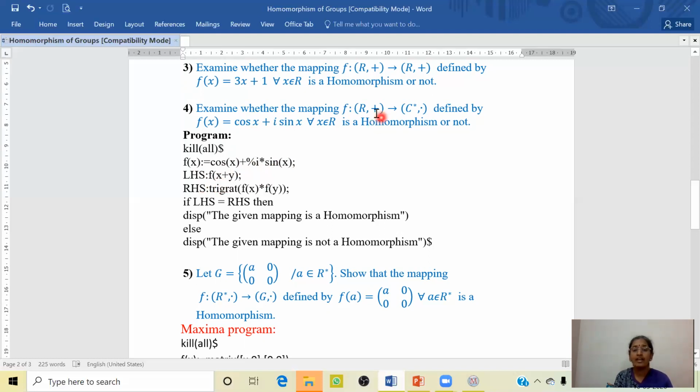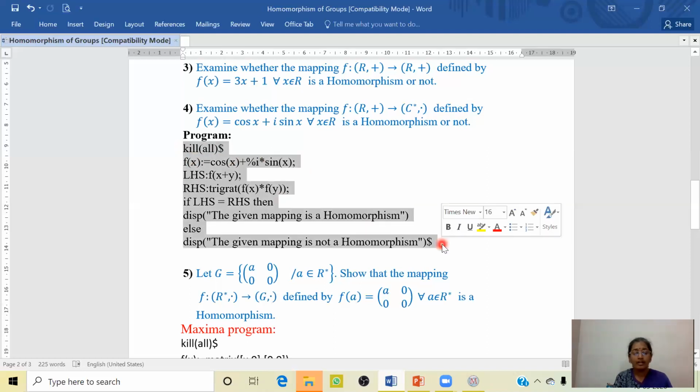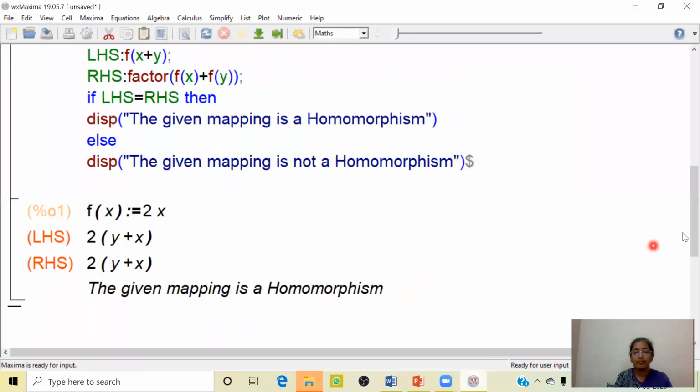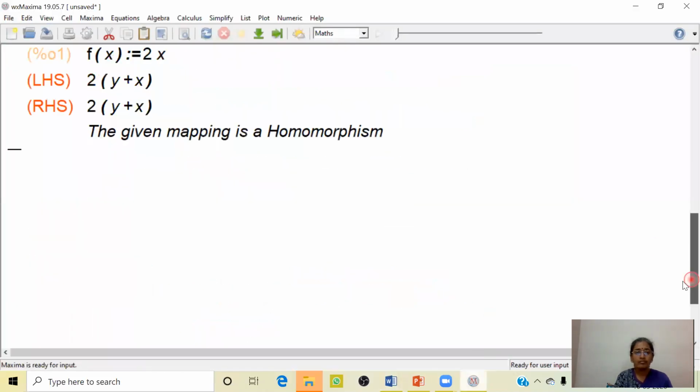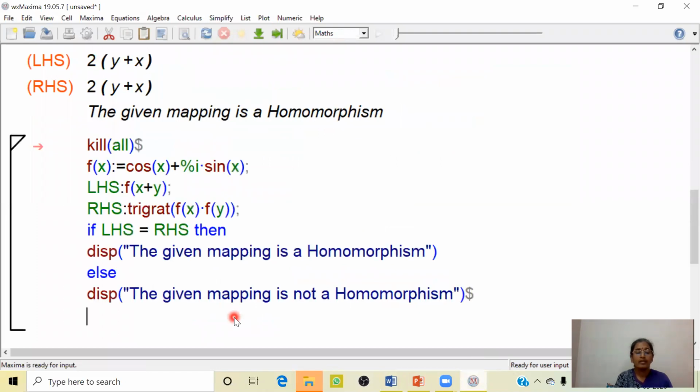Here R has addition as the binary operation, therefore plus, and in C star it is multiplication, therefore it is f of x star f of y. Okay, so let us copy this command and put it in the Maxima window. So this will be the command over here.